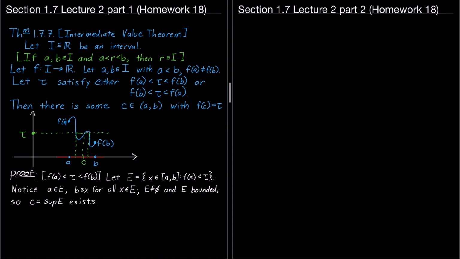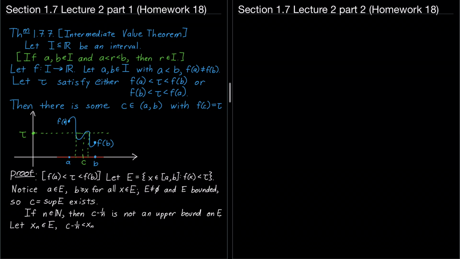So first, we're going to notice that if n is a natural number, then C minus 1 over n, that's less than the supremum, is not an upper bound on E. So we're going to let xn be in our set E with C minus 1 over n less than xn.